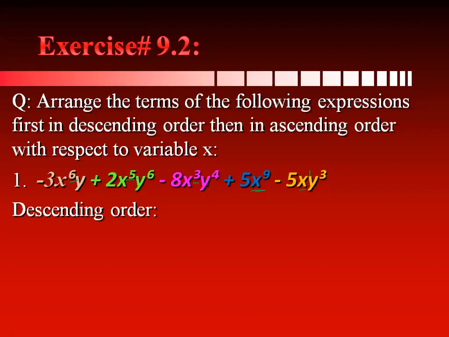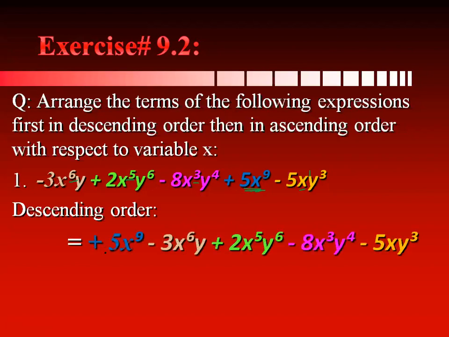We are going to write 5x to the power 9. The next greater power of variable x is 6, along with the sign, that is minus. So you will write minus 3x to the power 6, and then variable y. The next greater power of x is 5, so you will write along with the sign, that is plus, plus 2x^5 y^6.